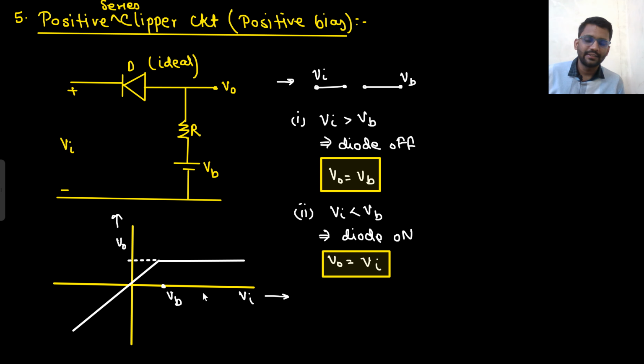Okay. So when V in is greater than VB, your output will be equal to VB only. This will be your output. And here V naught is equal to V in. So what is our transition point? That is VB.